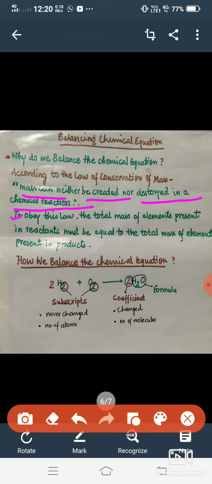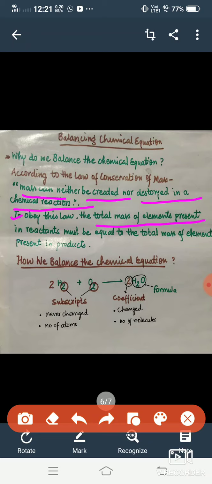So to obey this law, the total mass of the elements present in the reactants must be equal to the mass of the elements present in the products. So to obey the law of conservation of mass, we have to balance the chemical equation.